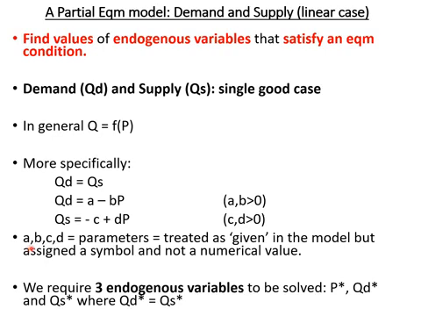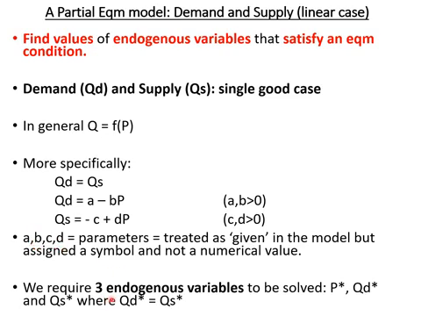Now, A, B, C, D that we see here in these equations, these are referred to as parameters and effectively treated as given in the model, all right? But they're assigned a symbol and not a number or a numerical value, but they are given. In other words, they are not endogenous to our model.